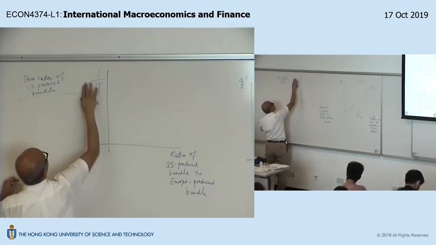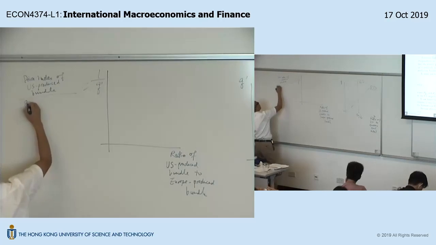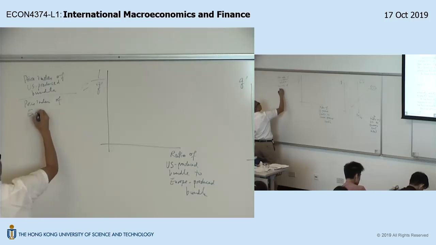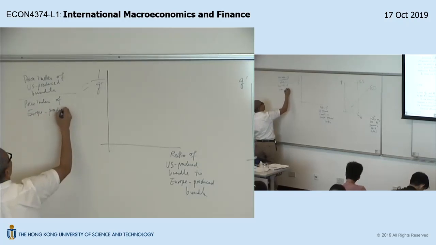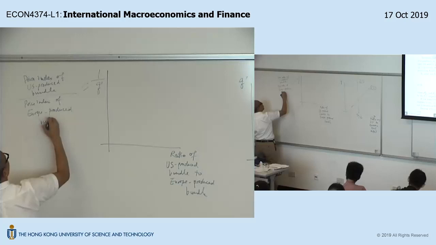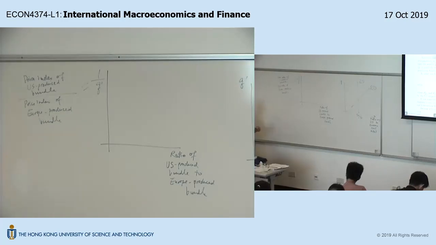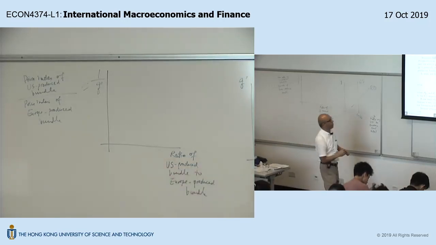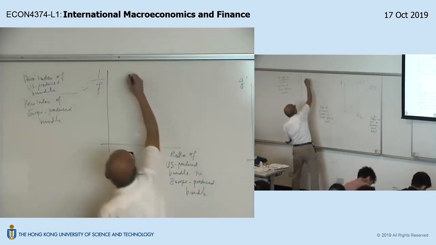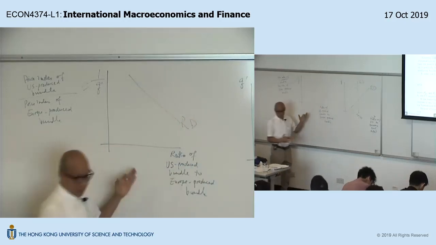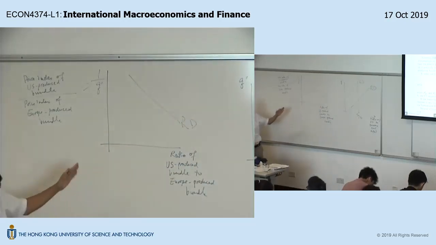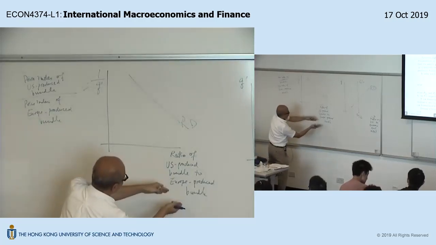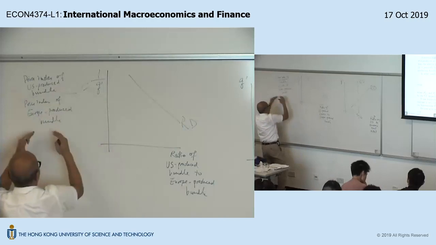I just take the reciprocal, and this is the usual kind of relative demand curve that you're used to, because this is the U.S. good to European good, U.S. price to European price.